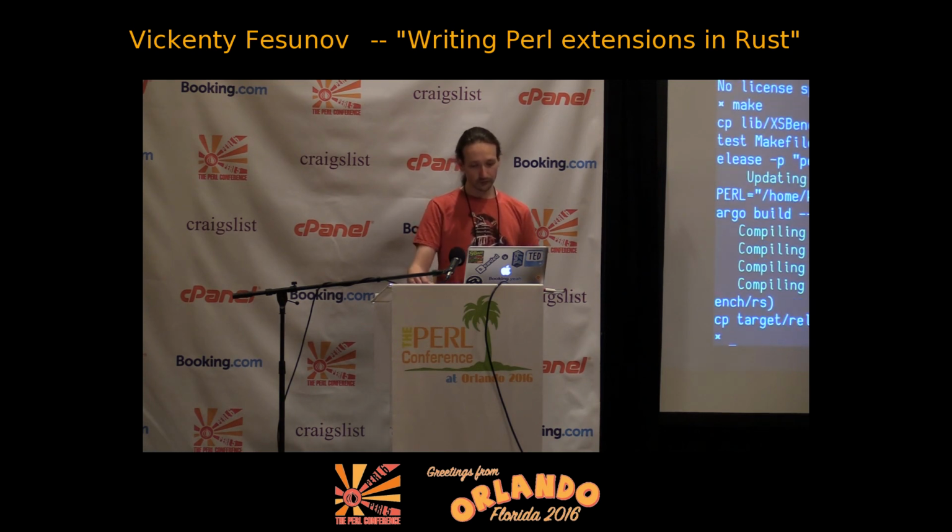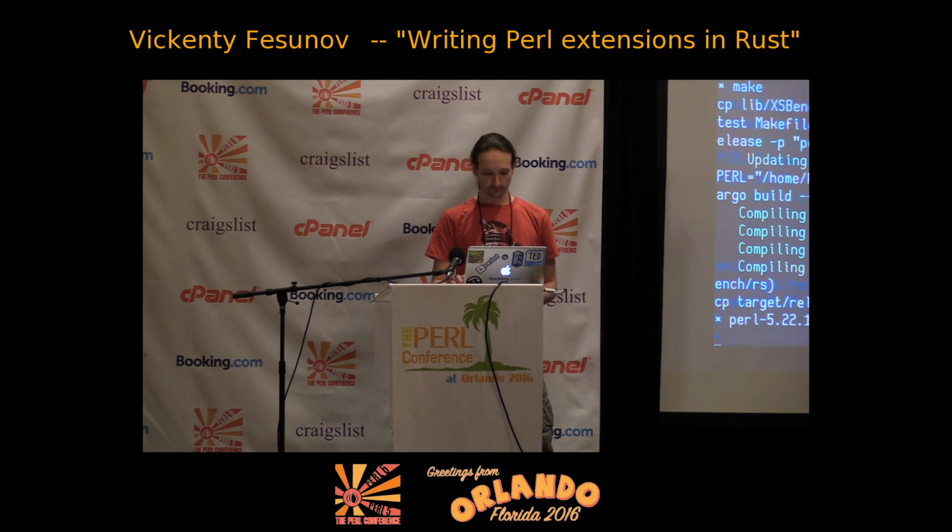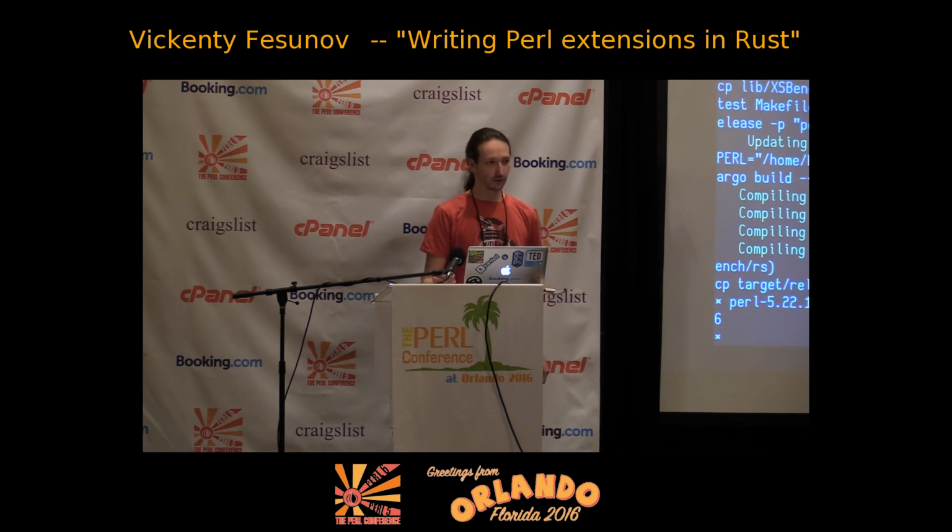And it builds the program, so it puts the final binary into the location where Perl expects to see it, and we can just run it. It works. So there isn't much going on from the user perspective, it's more or less hidden.